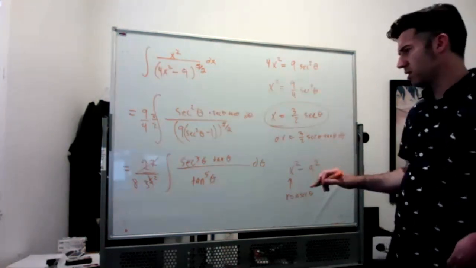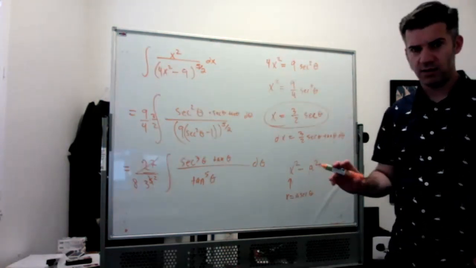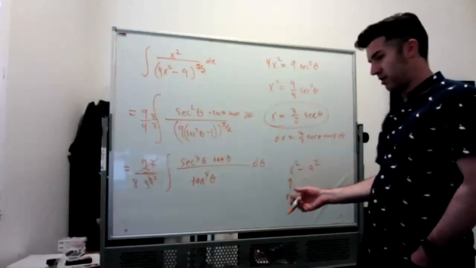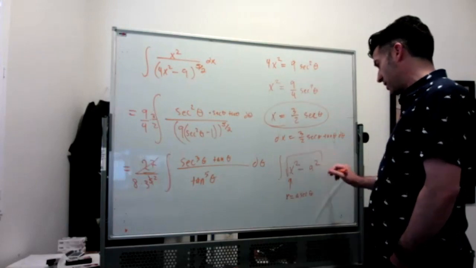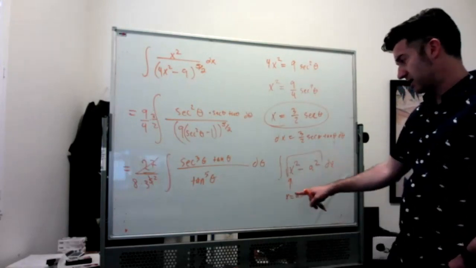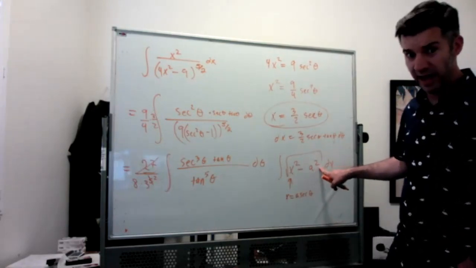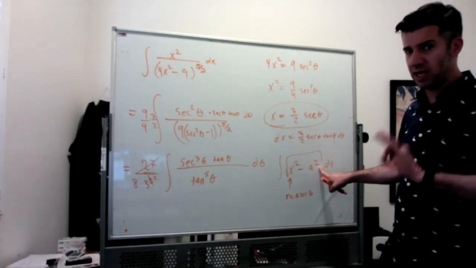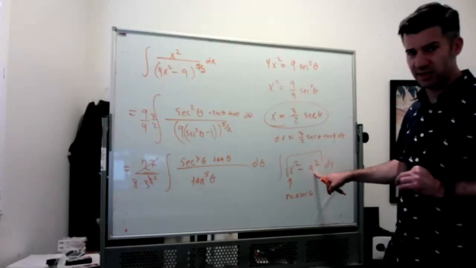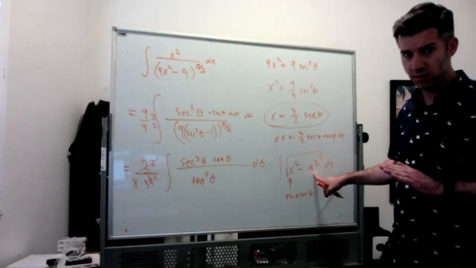So typically when they write it, for example, if someone wrote the formula for this, they would write it as the integral of the square root of a squared minus x squared, and they would write it as a squared, not a. It's atypical to write this as just a, not a squared.